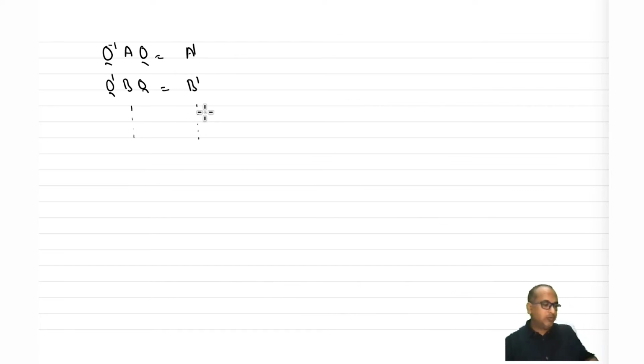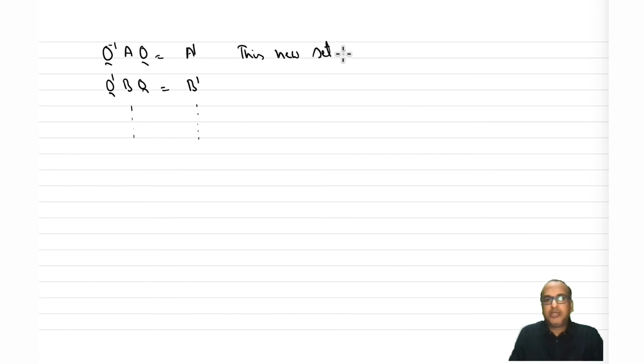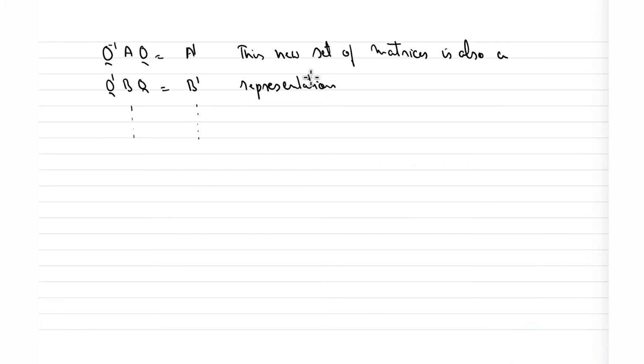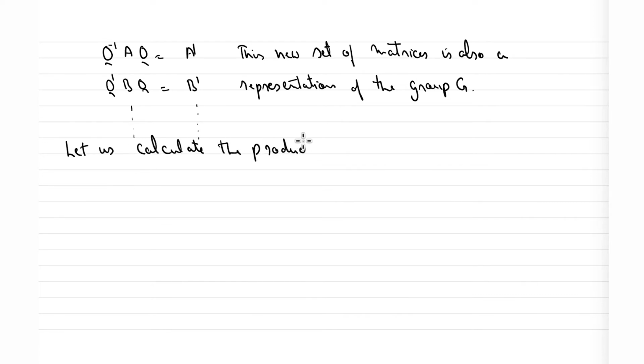Okay, so now what we are trying to see is that this new set of matrices is also a representation of the group. So how do we show that? Let us calculate the product A prime B prime.